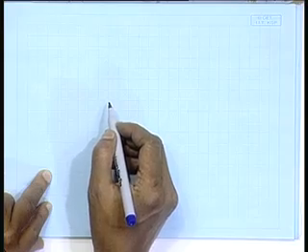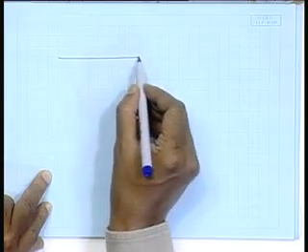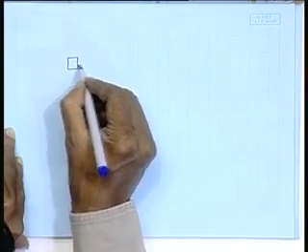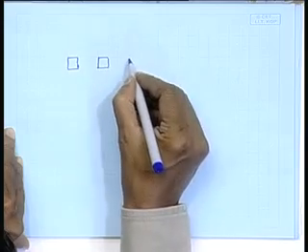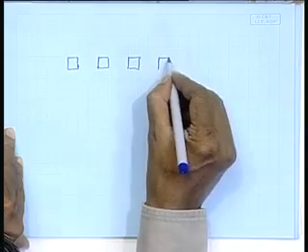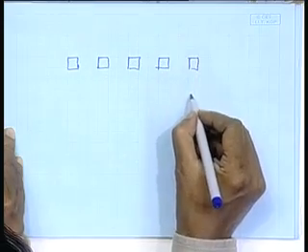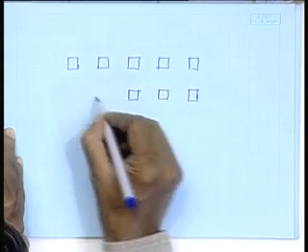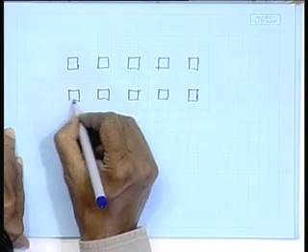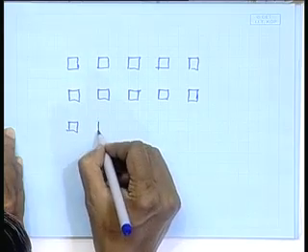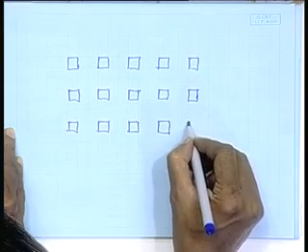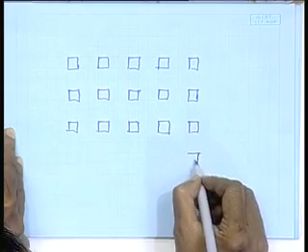You have an, say, you have an array of such, say, hydraulic jacks, right? And these all small squares what I am drawing, they are the top of a hydraulic jack, let us think.